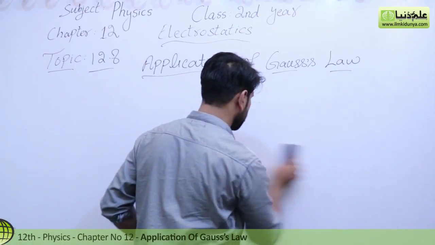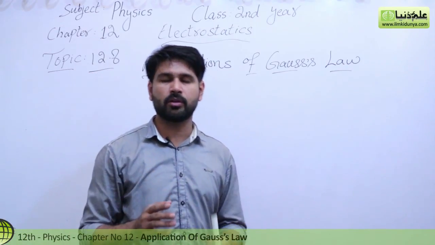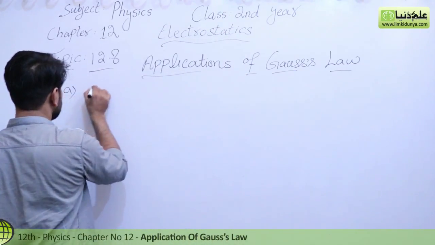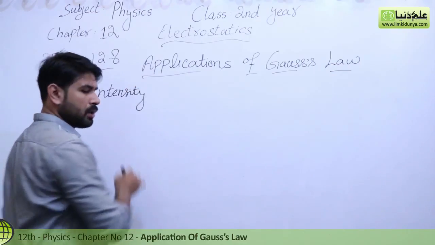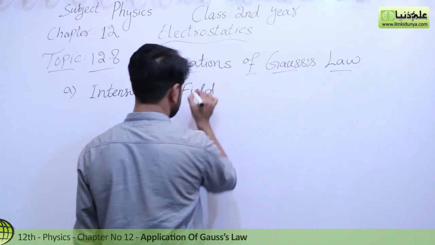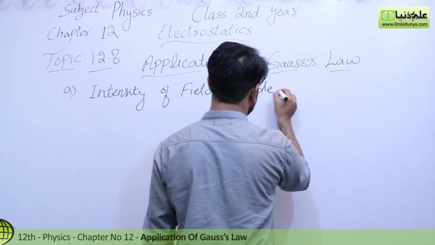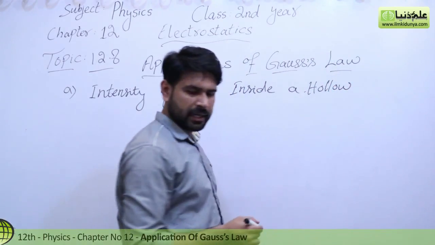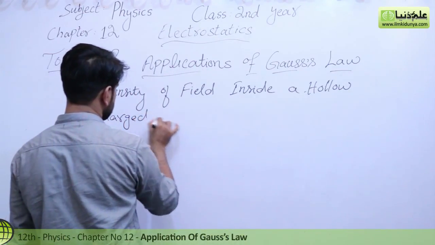In all the applications of Gauss's law, we will define a closed surface containing the point through which we can find E. So the first application is the intensity of the field inside a hollow charged sphere.